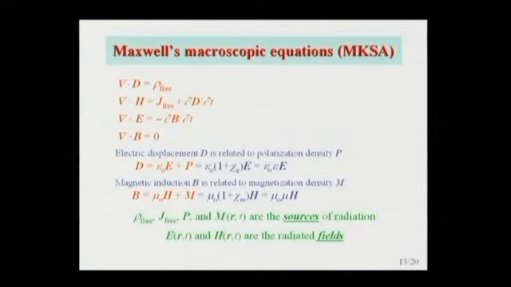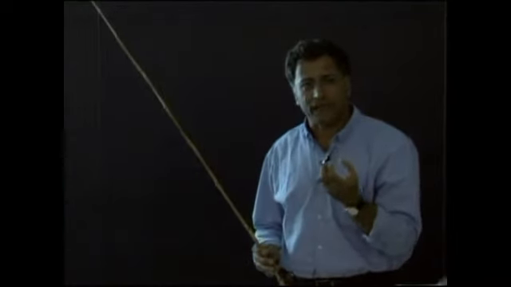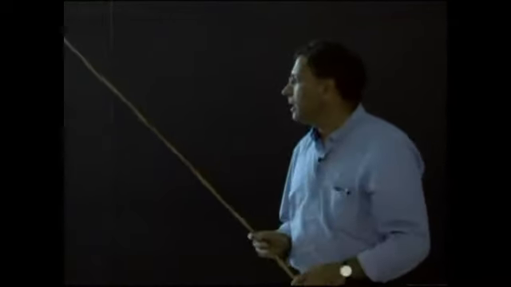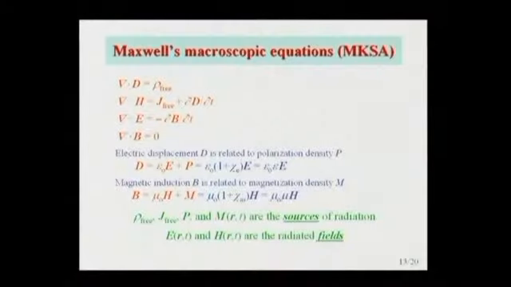So now if you take Maxwell's macroscopic equations, you find that there are 4 sources of electromagnetic field. There is free charge, free current, polarization, and magnetization. These are the material parts of Maxwell's equations. And then there are fields, E and H, electric field and magnetic field. And of course, if you want to get B and D, you go to these formulas. B and D are composite fields.